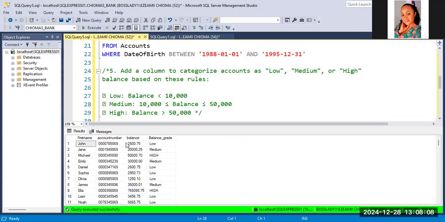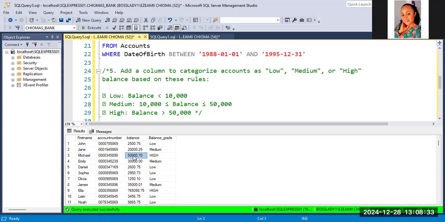Okay, so when you look at the output now, Mr. John is having 2.5, so it's less than 10. We gave him low. Then Jane is having 20,000, so it's between 10 and 50. We gave her medium. And then Michael is having above 50,000, because you can see 70 thousand. That's high.